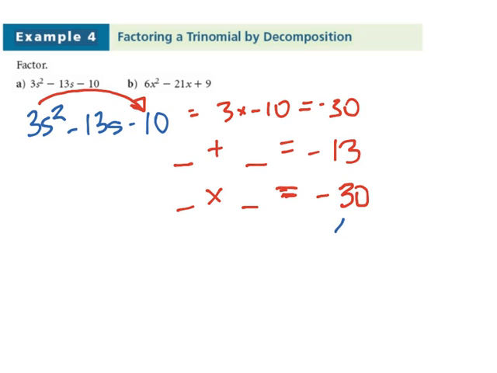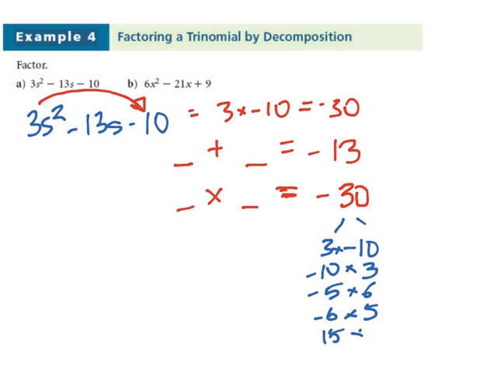We have 3 times negative 10, negative 10 times 3. We have 5 and 6, negative 5 and positive 6, or we have negative 6 and positive 5. And these are all the possibilities. There's also 15 times 2, and one of them is negative, and 2 times negative 15.